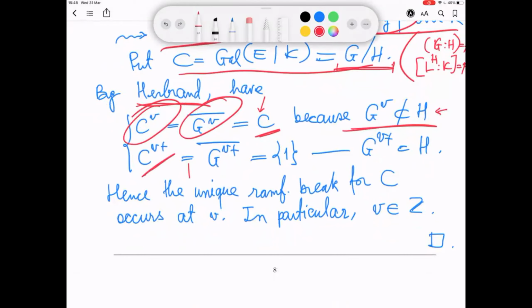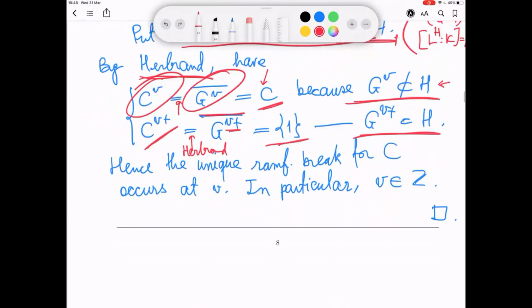By Herbrand's theorem, C^V plus is the image of G^V plus. But G^V plus is contained in H, so the image is trivial. Now, I've got this V such that C^V is the whole of C, whereas C^V plus is trivial.